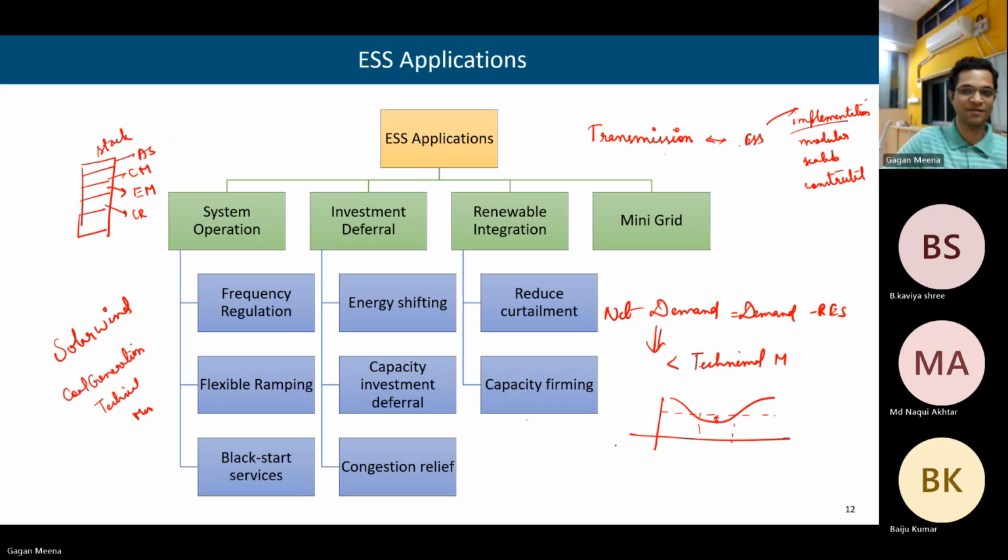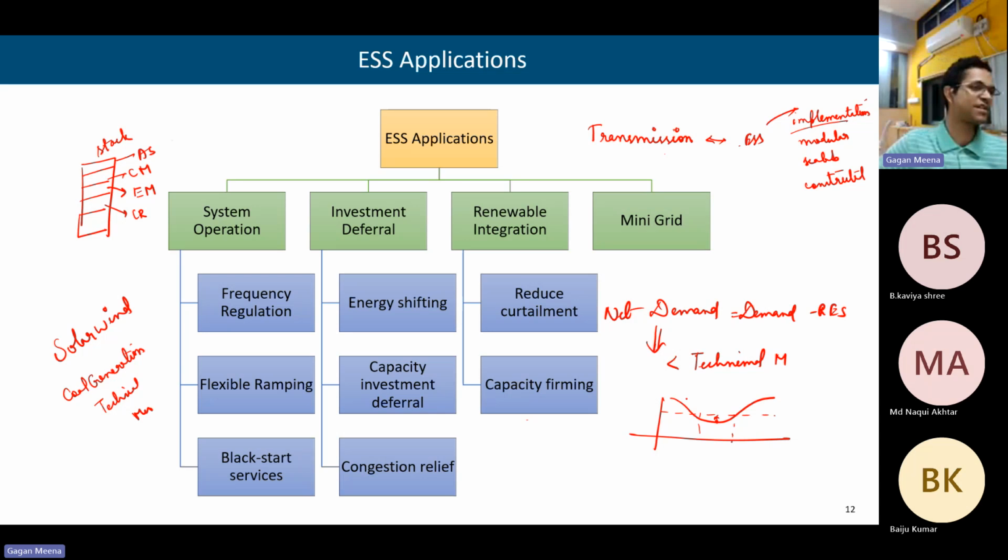If we don't do that, then frequency will increase. And if we want to keep frequency within a tight band, storage can help. Otherwise, if storage is not there, what do we need to do? We need to reduce the generation.